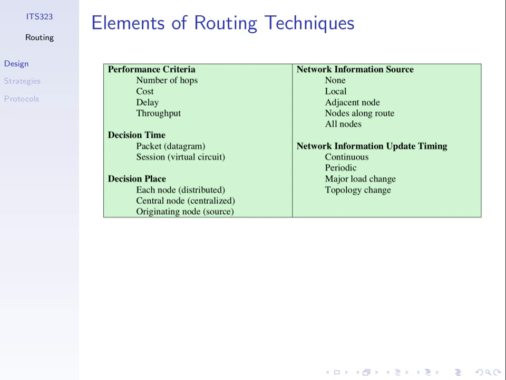The last case is the source node chooses the path. Node 1 wants to reach node 6. Node 1 chooses the path, 1, 4, 5, 6. And possibly inside each packet, it includes some information about the path to take.